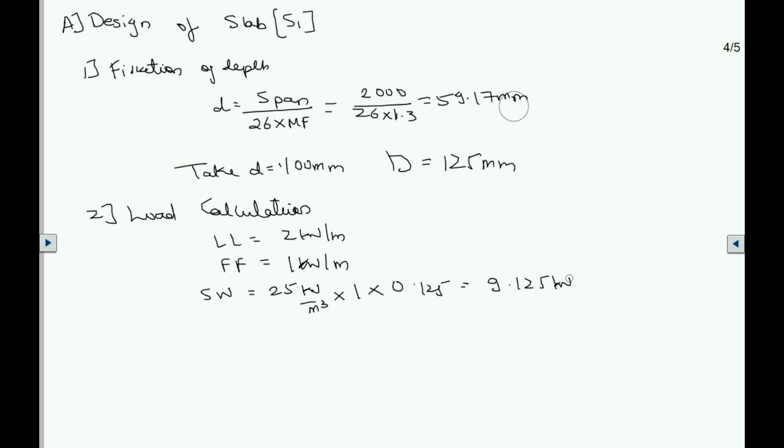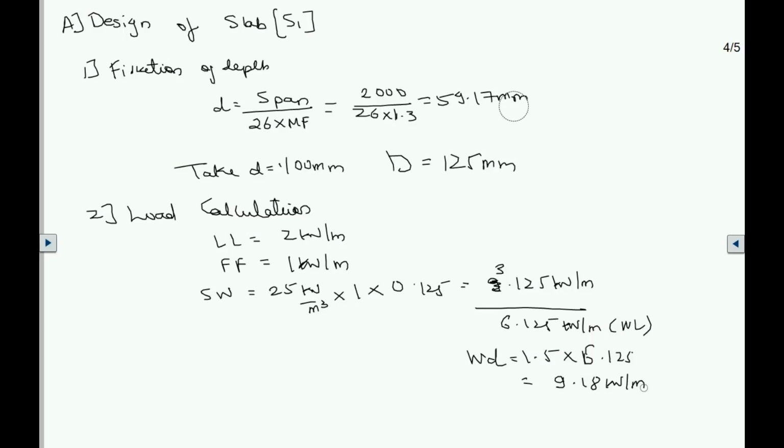Sorry, this will be 3.125 kN per meter. So if you add all of this, you will get 6.125 kN per meter, and this is the working load. For getting the ultimate load, wd, we multiply it by 1.5, and you will get 9.18 kN per meter.